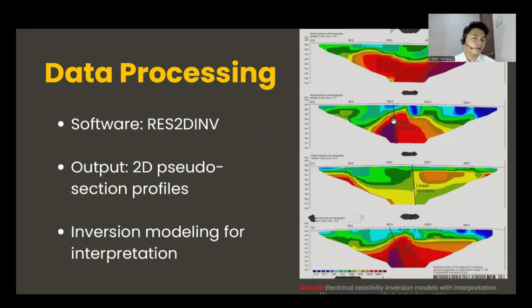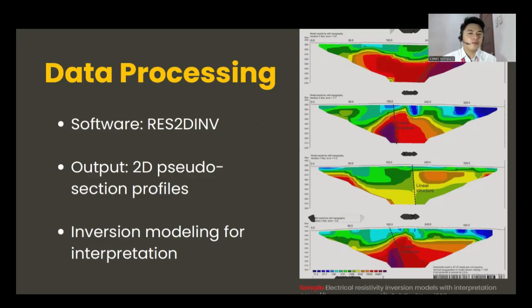These images, called pseudo sections, like this one, show a cross section of underground layers. The inversion model refines the raw measurements, helping distinguish water-bearing zones from dry layers of rocks.